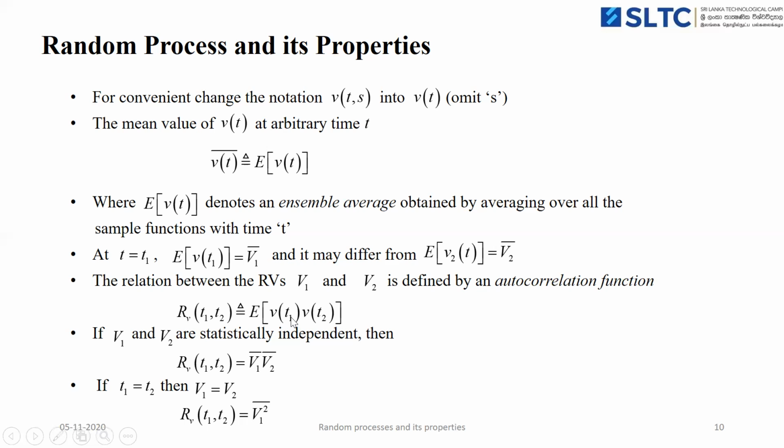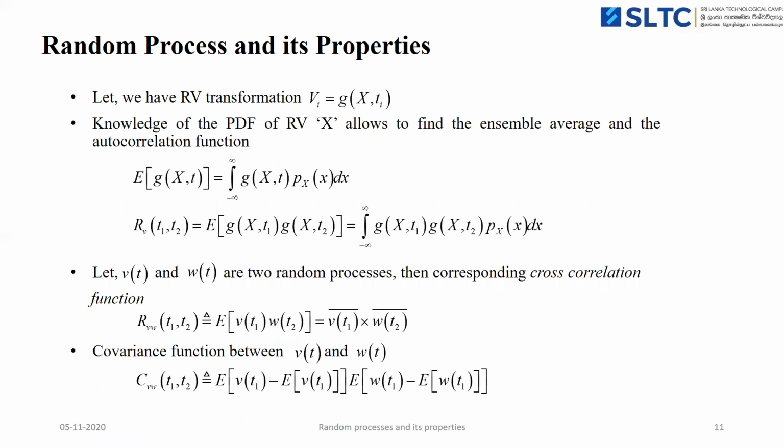Here we are using T1, so it becomes a random variable. If it is T, it means a random process. And if T1 equals T2, then V1 equals V2. In that case, the autocorrelation function reduces to V1 squared bar.